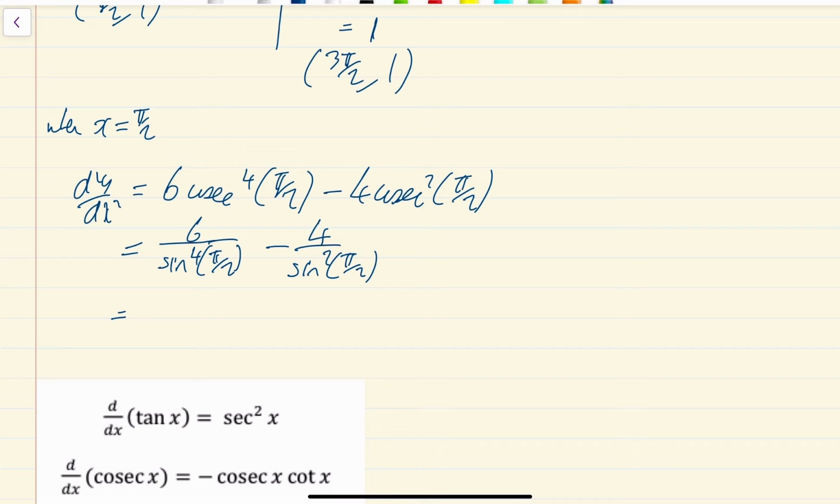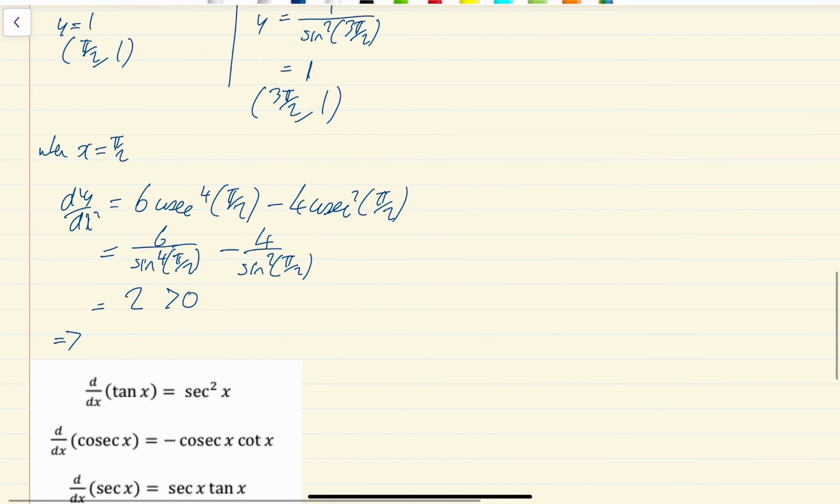And then that bit is being squared. Press equals. I get bang on 2. That seems too nice, too good to be true. So I get 2, which is greater than 0. Therefore, that tells me that my point, which was pi over 2, 1, is a minimum turning point. So remember, d2y by dx squared, your test function, if it's positive, then it's going to be a minimum turning point.